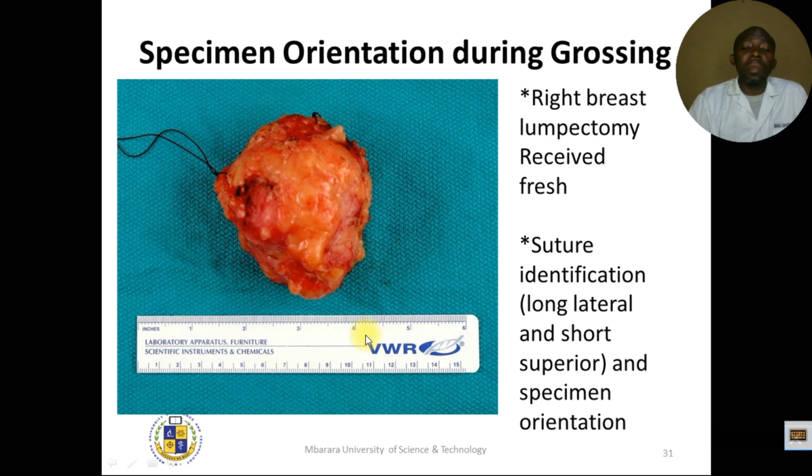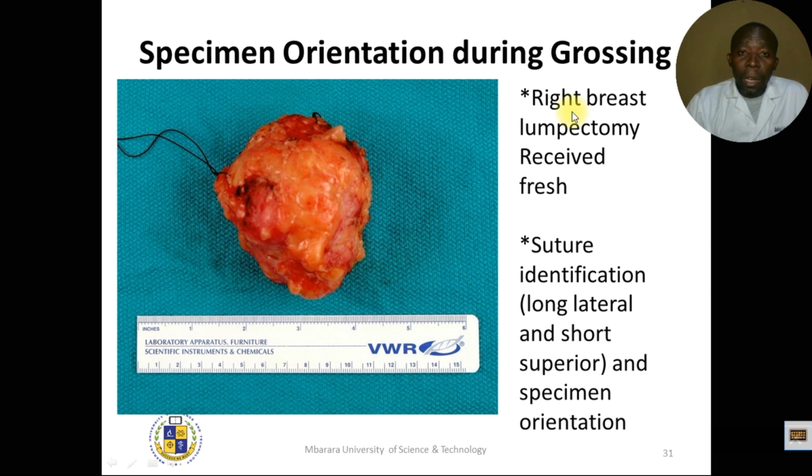We either say it measures 5 by 6, depending, and then it is labeled, marked with the sutures from the theater. We see this is a right breast lumpectomy which we received and is fresh, not yet fixed. So we can do grossing on this.